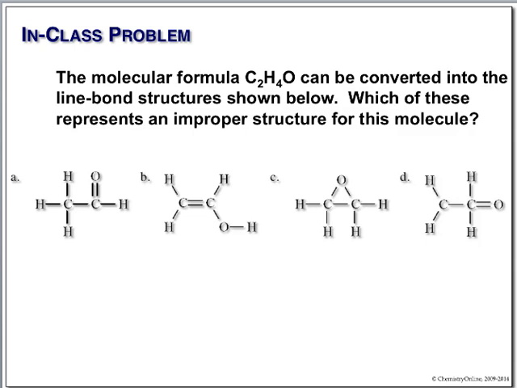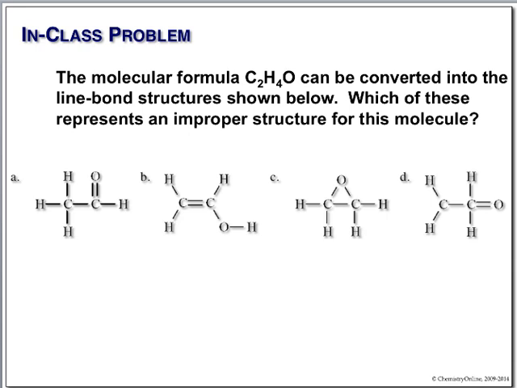Here we have C2H4O. And I've drawn some structures. Which of these is an improper structure? Well, they all have C2H4O, don't they?